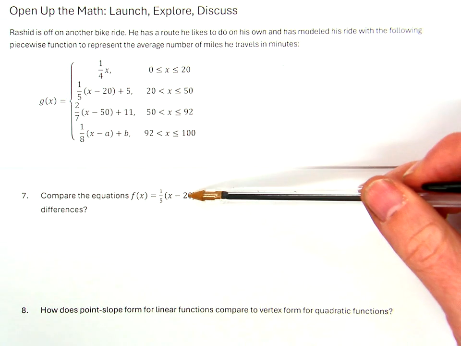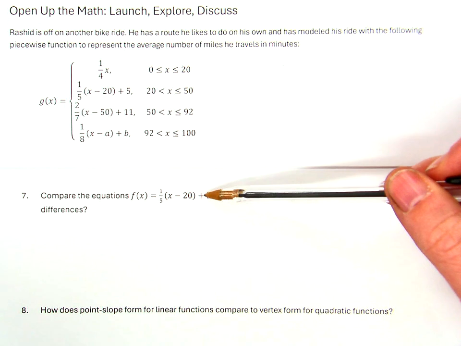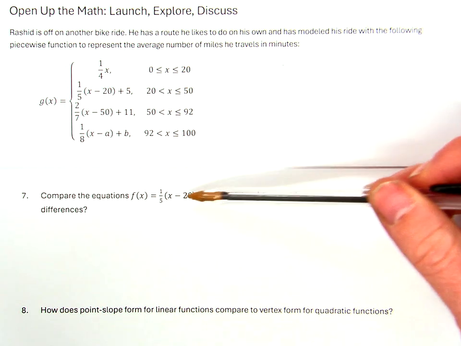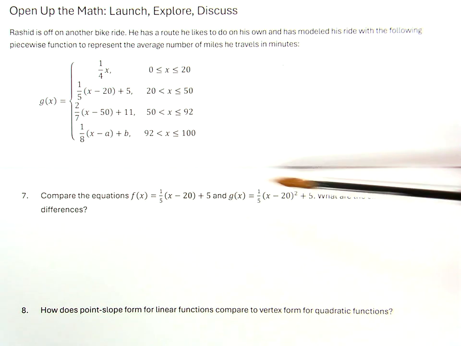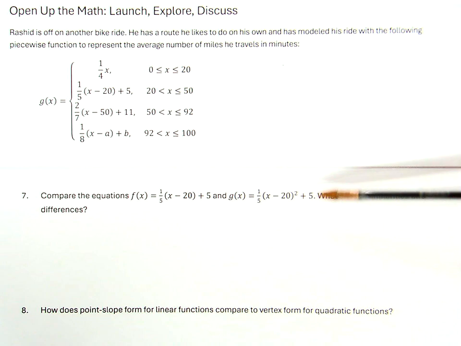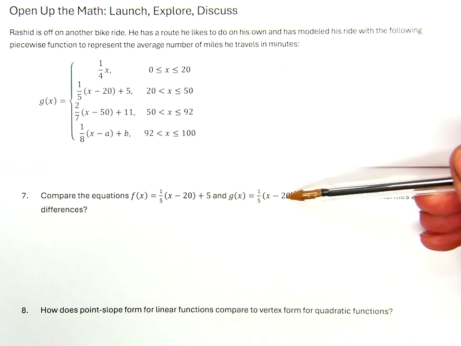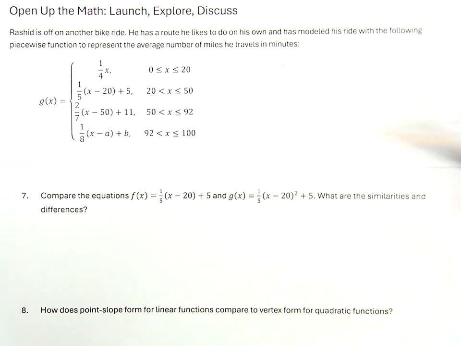We know that (20, 5) is a point that this line should go through. Just like when we were dealing with quadratics, we knew that 20, 5 was a shift to get to the vertex of the quadratic.